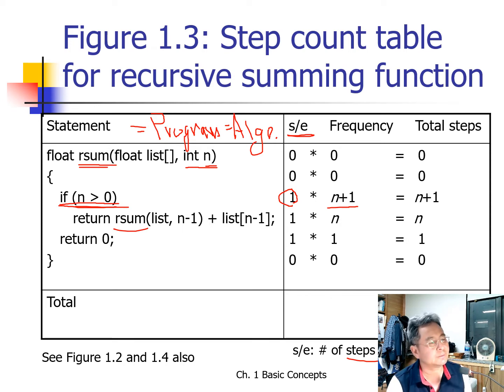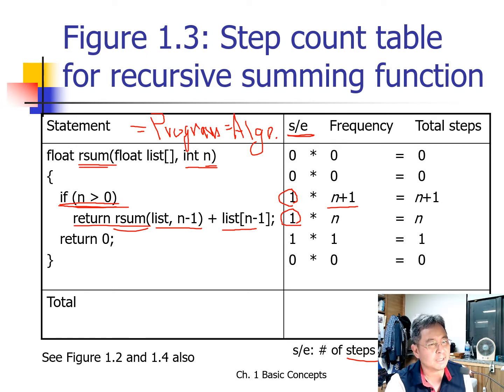Okay, and also the inside of this if statement has only one line: return the sum and the parameter plus the list value. So this line will be executed in one step.